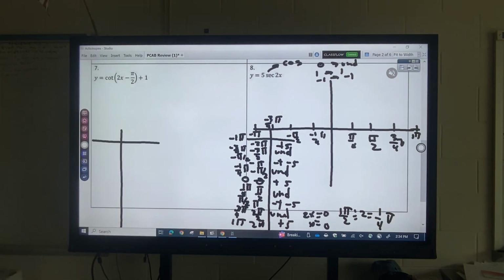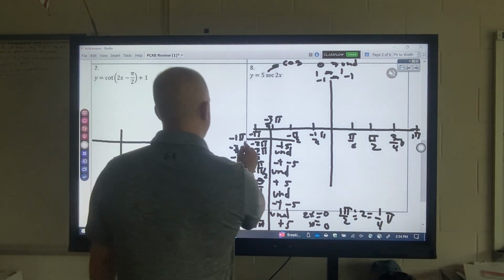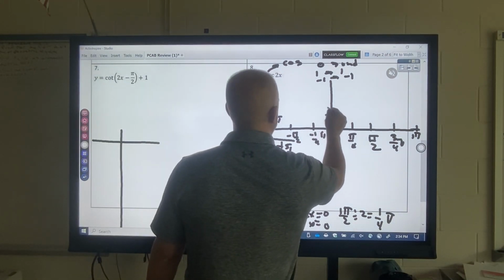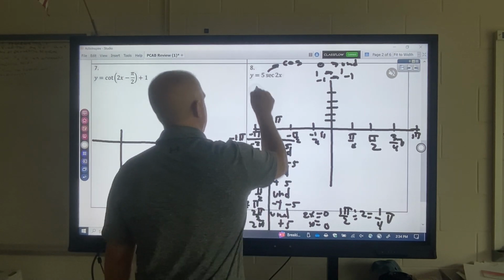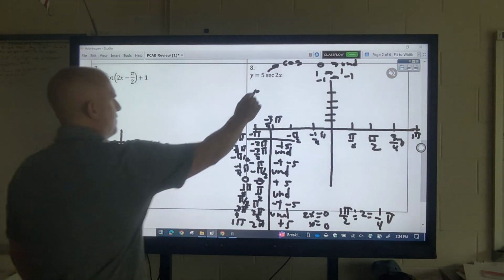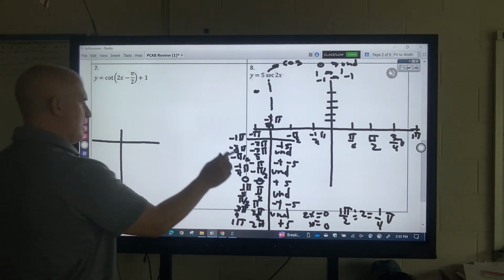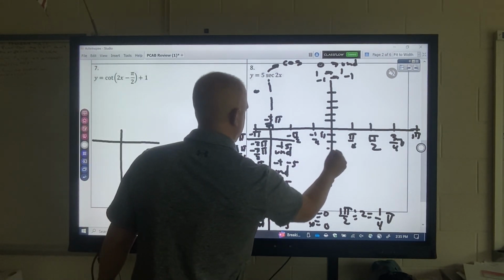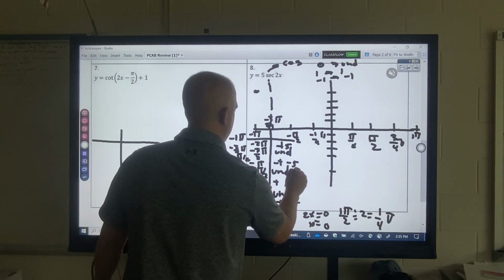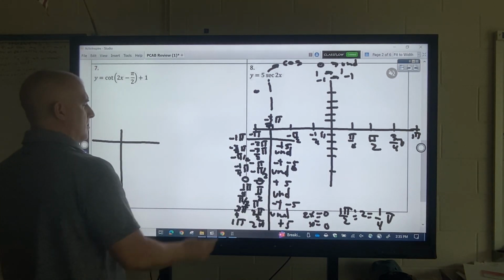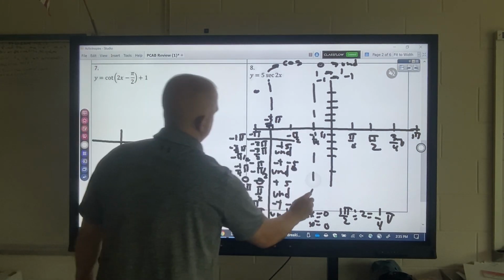Once again, this is not great board space. At negative 1 pi, I'm up at 5. At negative 3/4, I'm undefined, so I would make an asymptote through that. At negative pi over 2, I'm at negative 5. At negative pi over 4, I'm undefined.